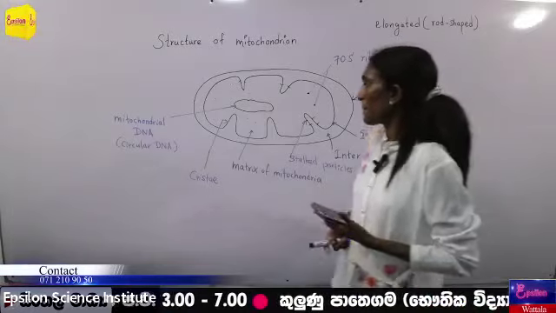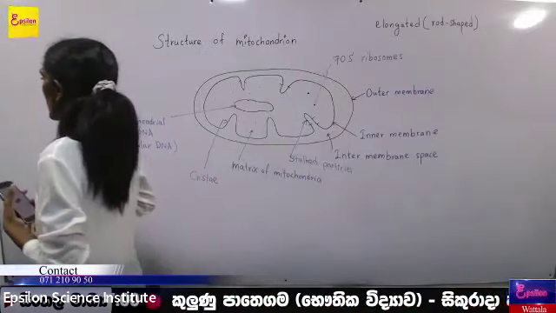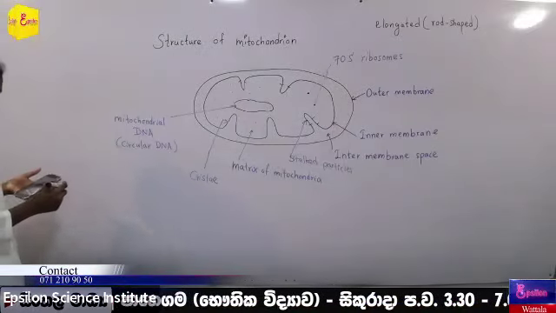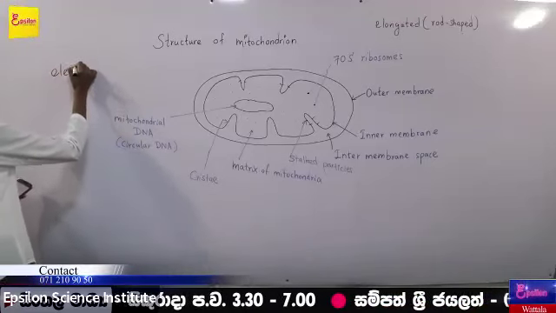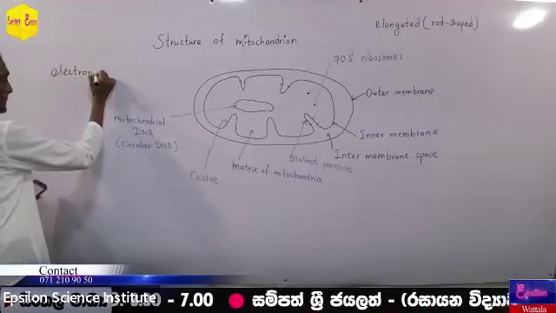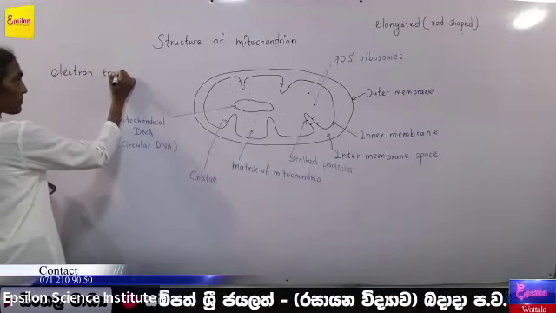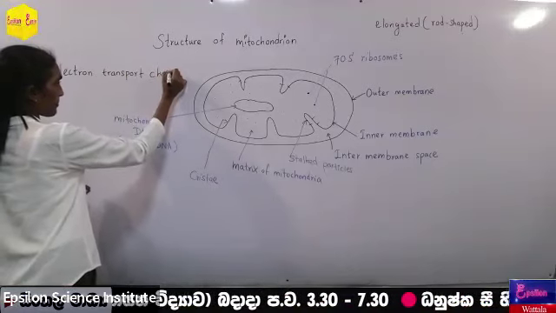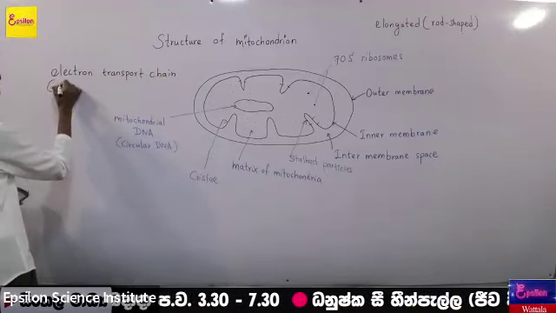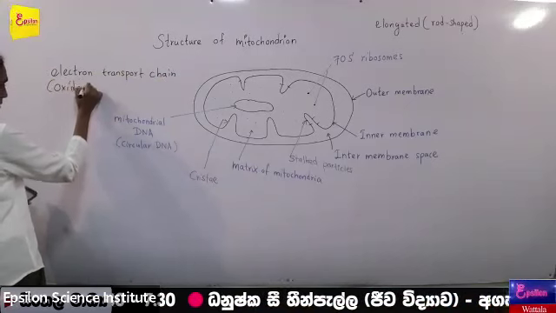Next one, enzymes which are necessary for electron transport chain, within brackets oxidative phosphorylation.